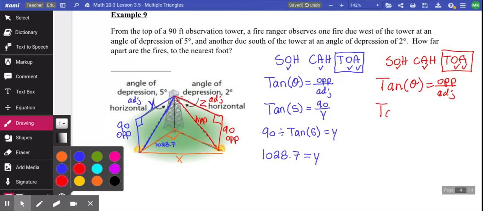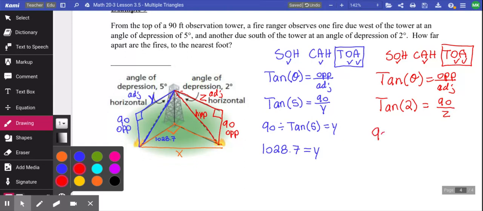That would be the tan of 2 degrees equals 90 divided by Z, which is your adjacent side. Again, it's going to be division. So 90 divided by tan of 2 degrees equals Z. You put that in your calculator, and you get that it's 2,577.3.